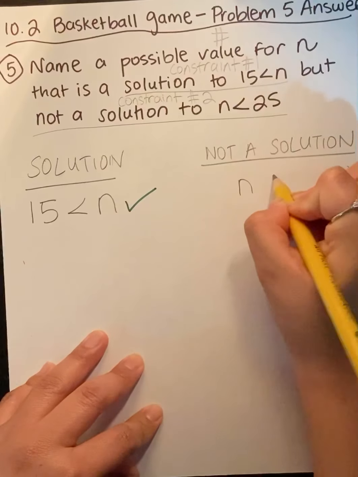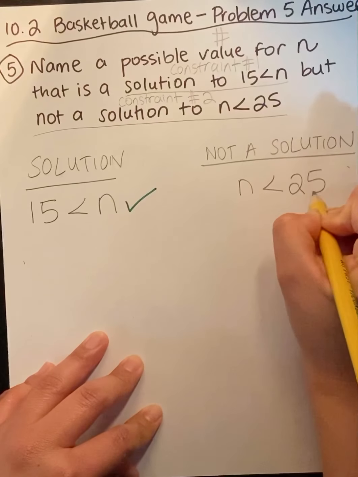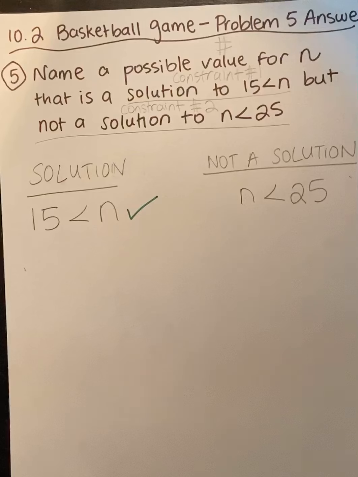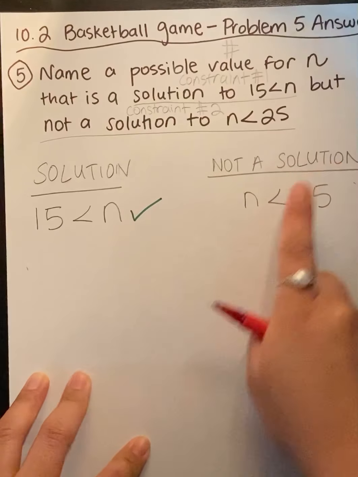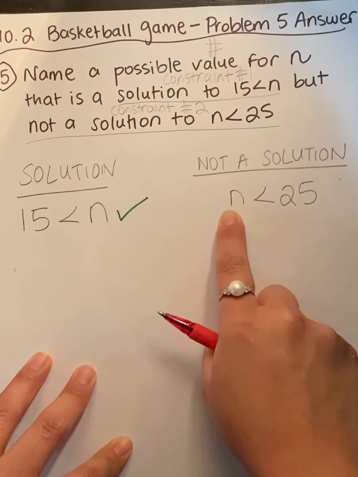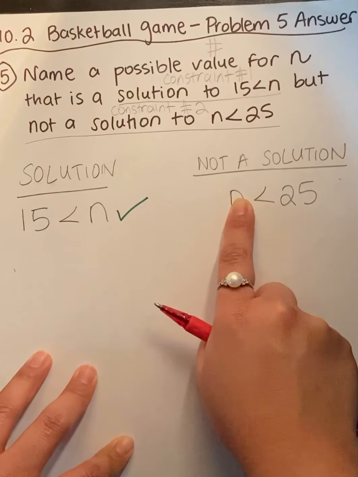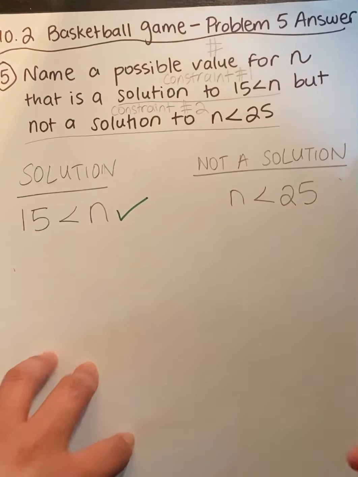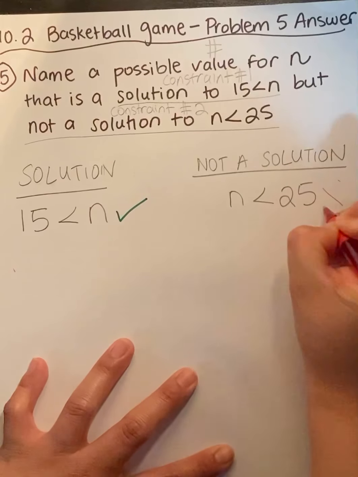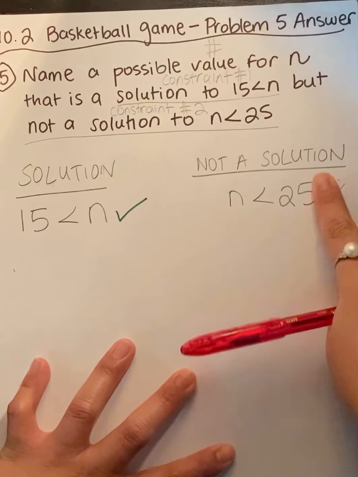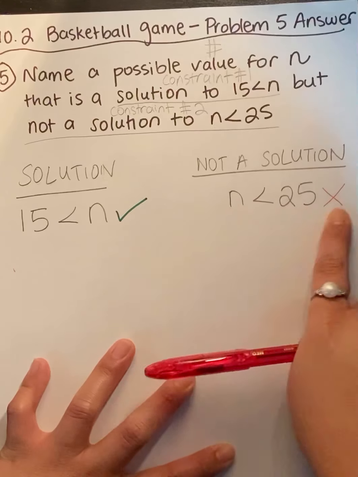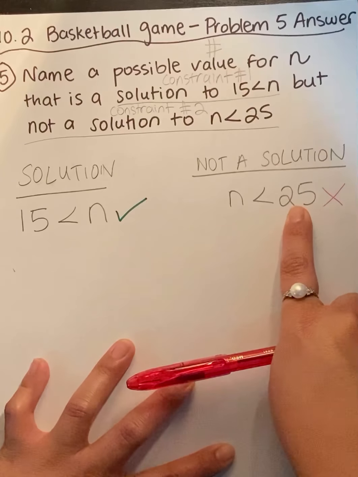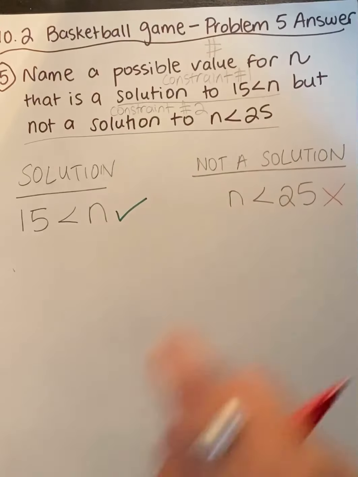So I'm going to write n is less than 25. And if the value is not a solution, when I substitute it for n, it will make the inequality false. So I'm going to mark it with an X to remind me that it needs to make it false because it is not a solution.